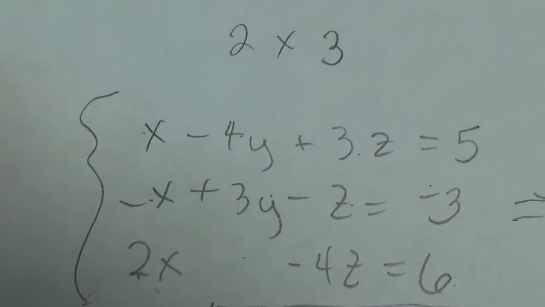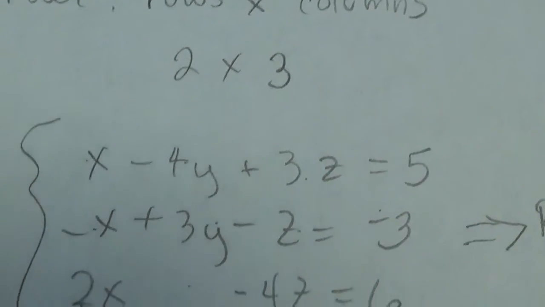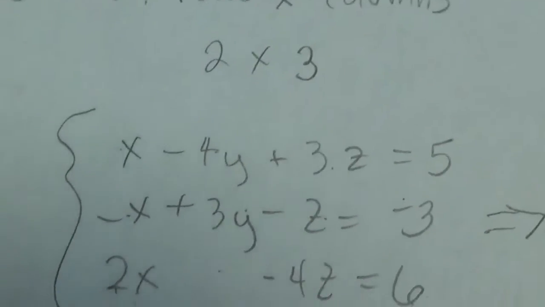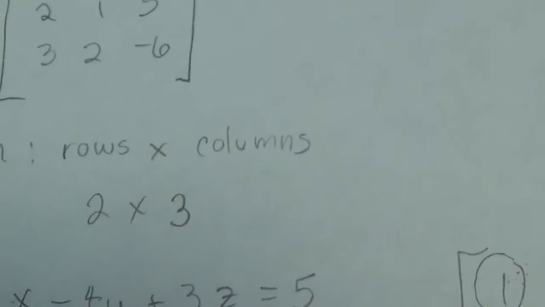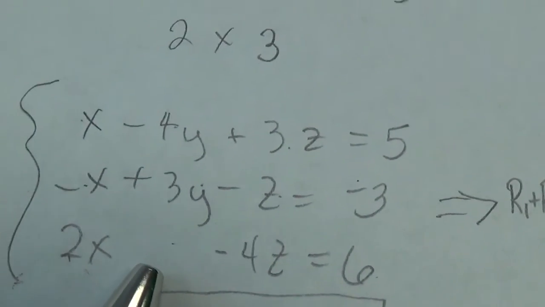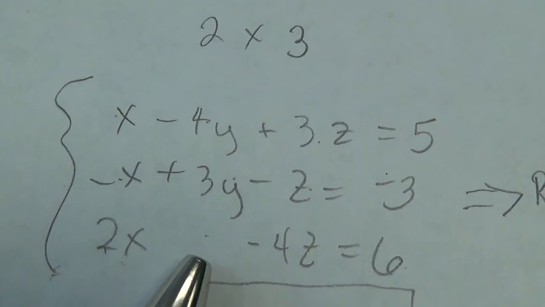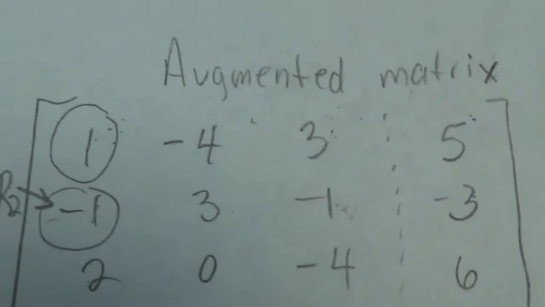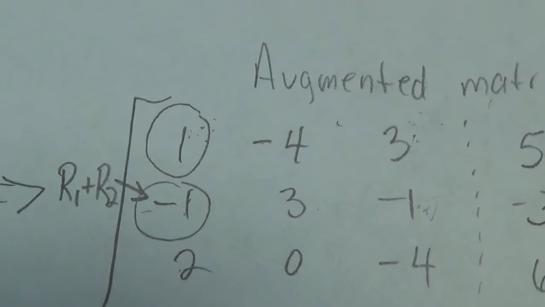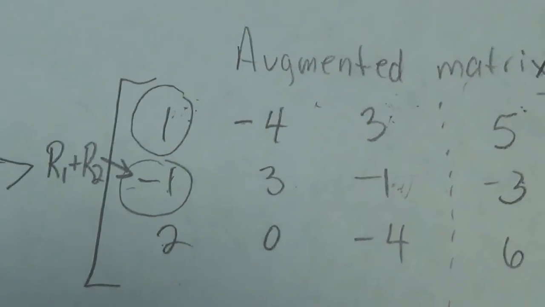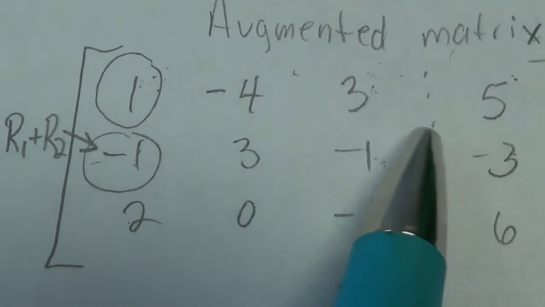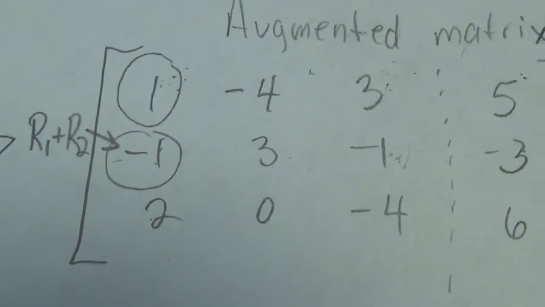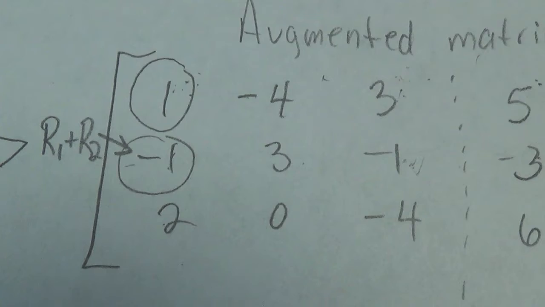This Y term is missing, so I'm going to hold that place with a 0 in my matrix, -4 and 6. That creates the augmented matrix. Go ahead and divide the variables from the constants with a vertical dotted line, and you're ready to go.